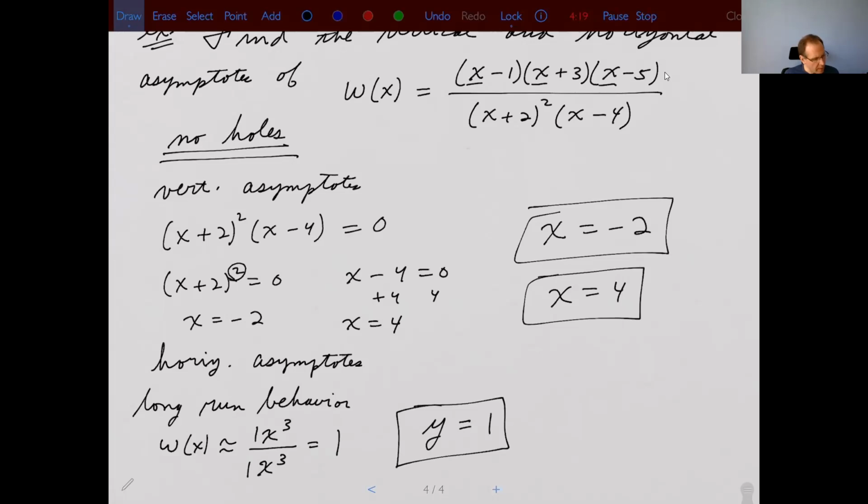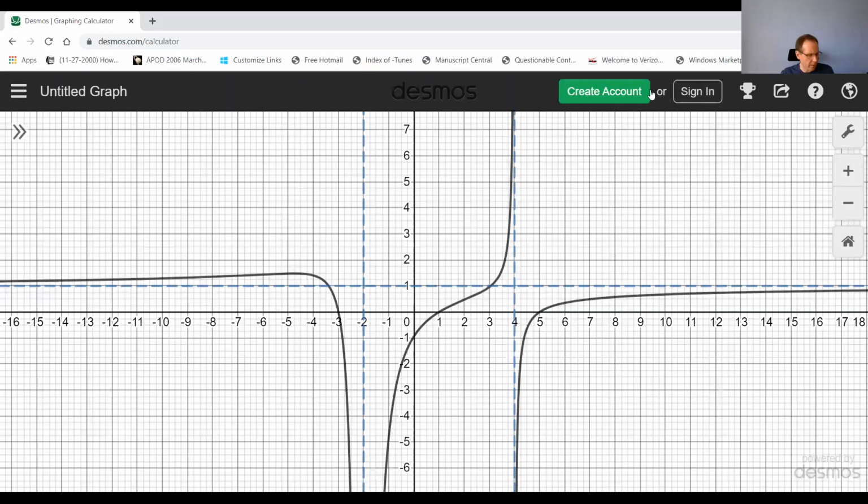Okay, let me plot this to see what this looks like. Make sure we're correct. Okay, so here's that function we were just working with. And notice that the vertical asymptotes were just as we thought, right? So we have one at x equals -2.